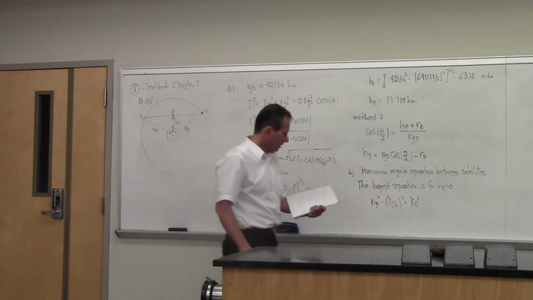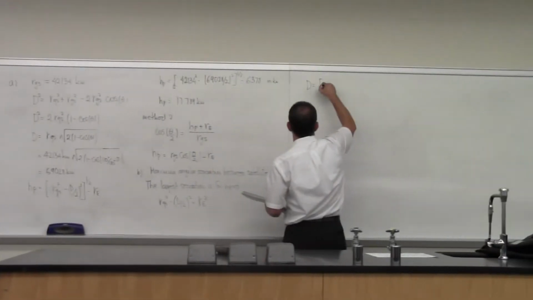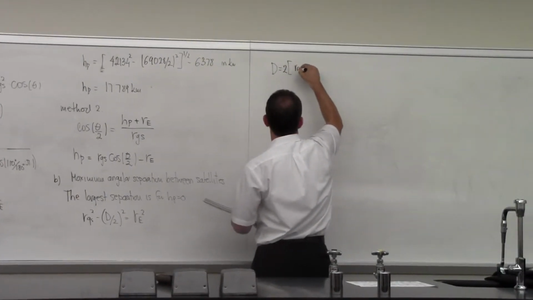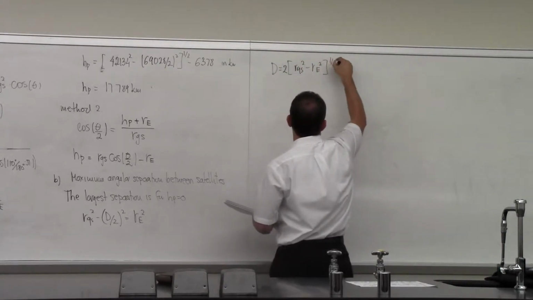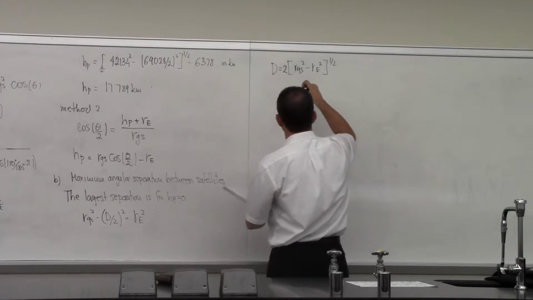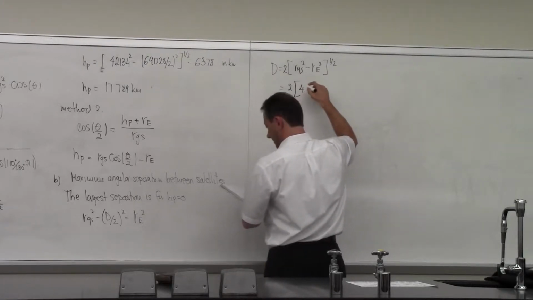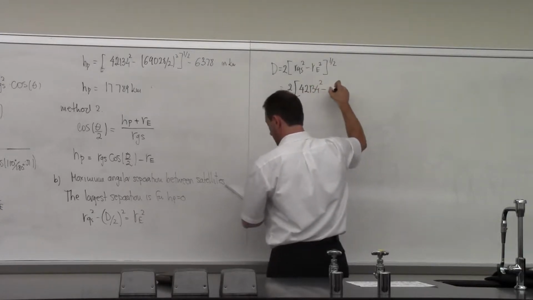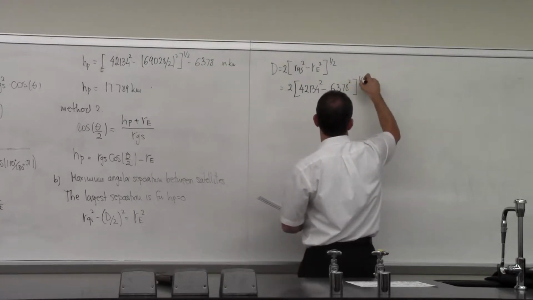And then from here, it is easy to calculate that D is going to be 2 times the square root of RGS squared minus RE squared. And when you substitute the values, you end up with 2 times square root of 42,134 squared minus 6378 squared, take the square root.